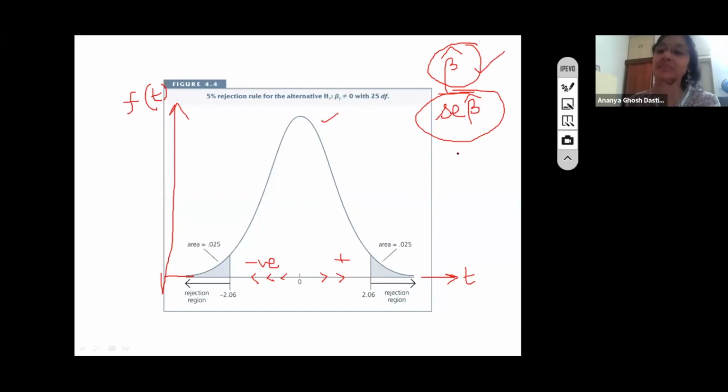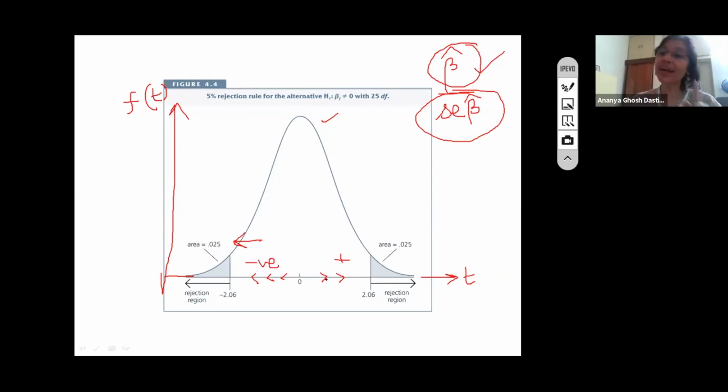What does that mean? Always visualize. Once you visualize, you can understand better. I at least find that. So when you have a negative beta hat, you will see that your t value is negative and it lies to this side.